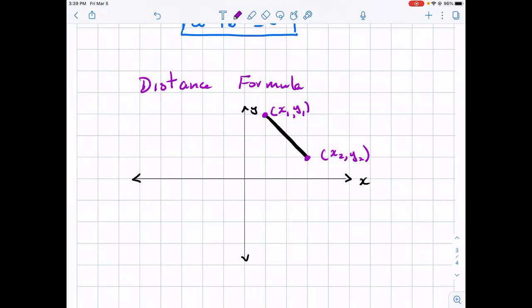We can use the Pythagorean theorem here to help us, because I can create a right angle triangle. And what we can do is find the distance d.